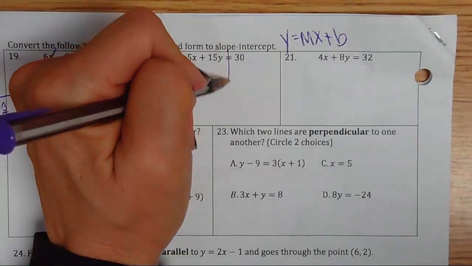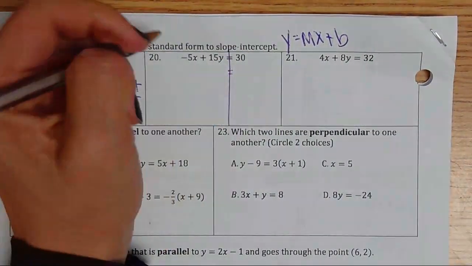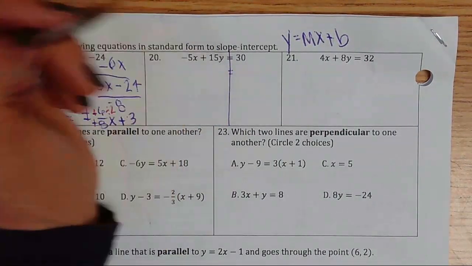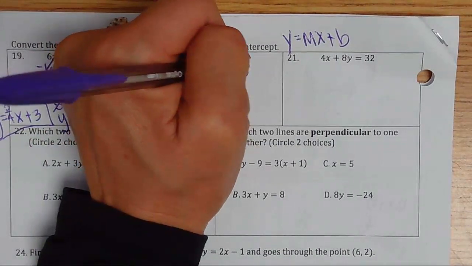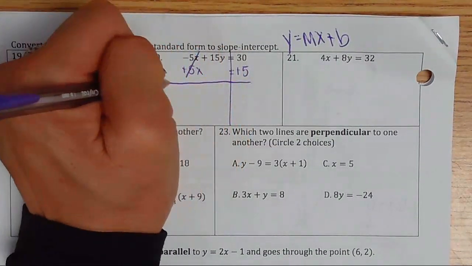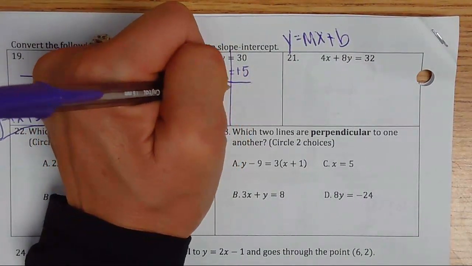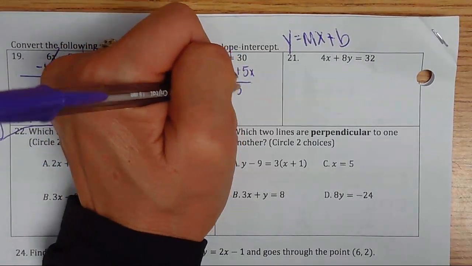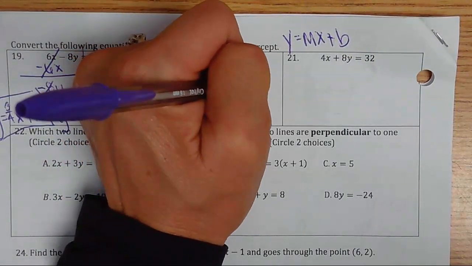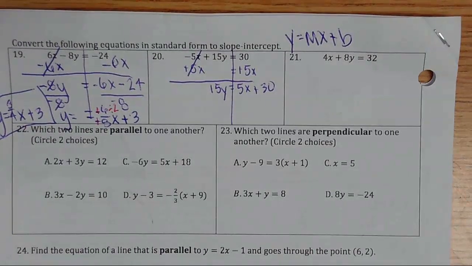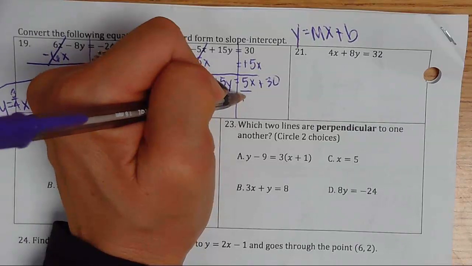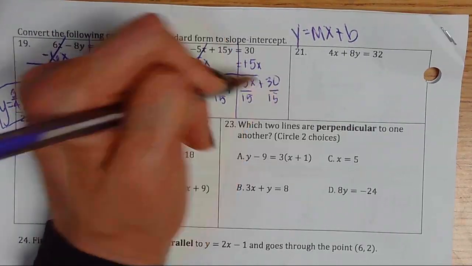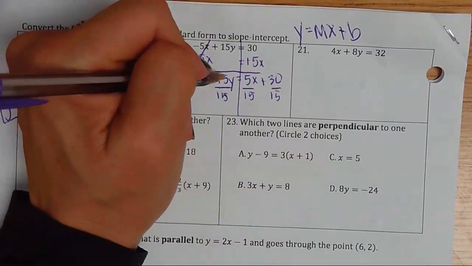All right, same thing over here. I'll go ahead and draw my line down, my equal sign. I'm going to get y alone, so I'm going to add 5x to both sides. That cancels out, and I'm left with 15y equals 5x plus 30. All right, I've got to divide by 15. I'm going to put it under both numbers this time to give you guys a different visual.